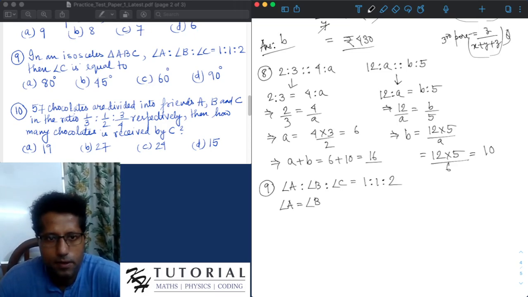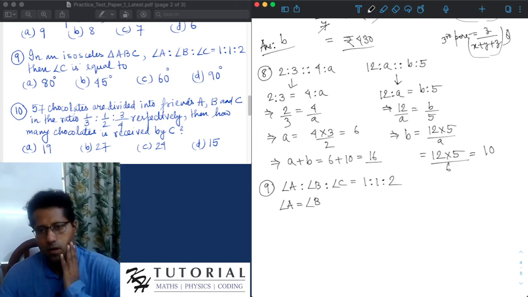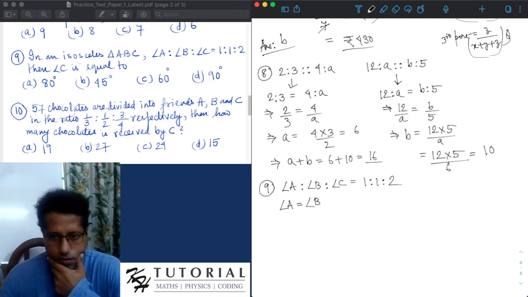Now it has asked to find the angle C. Now how do we find the angle C?